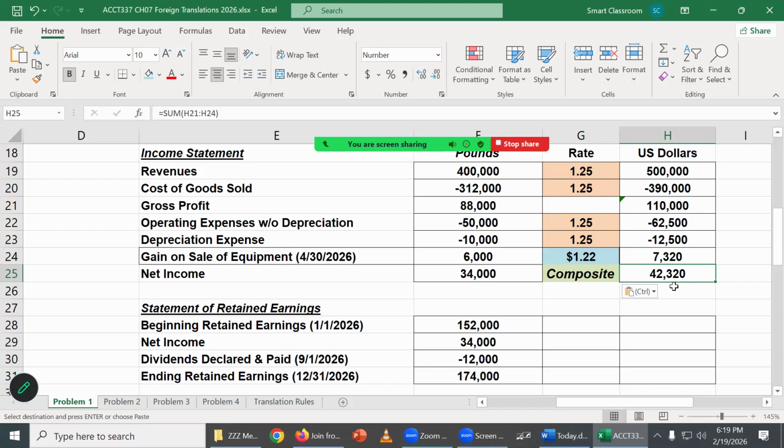I mean, you could figure it, you could divide it and see what it is. But it's not just one rate, it's several rates. And it could be many different rates depending on what's going on in the company. So when they say composite, you say, well, what does that mean? Well, it just means that it's more than one rate. It's not a single rate.